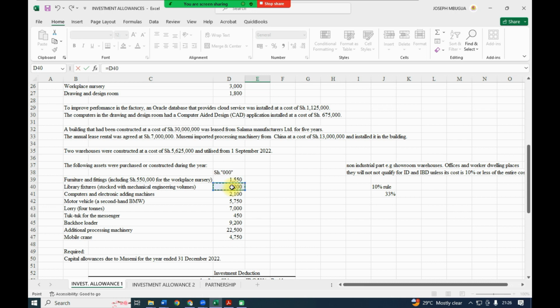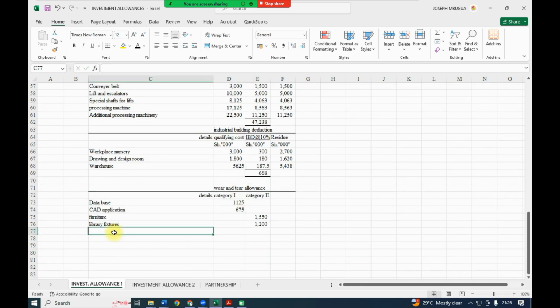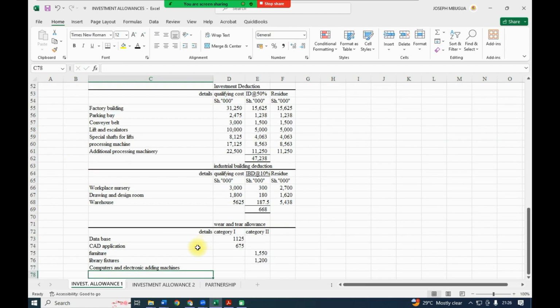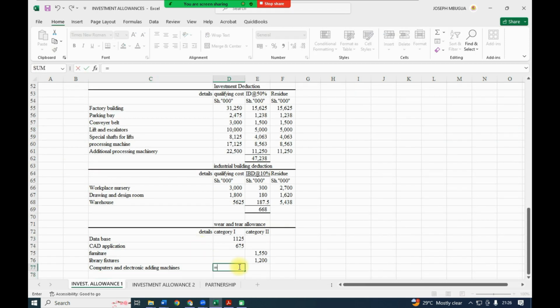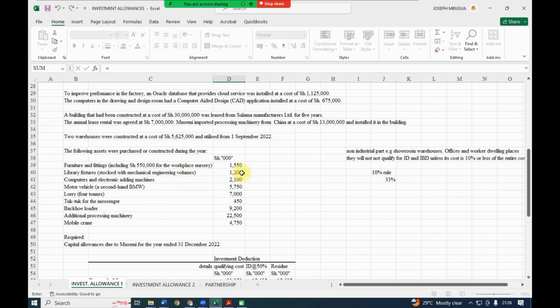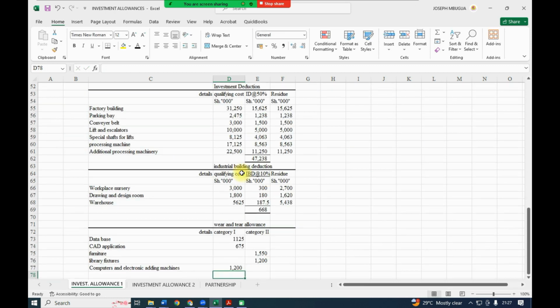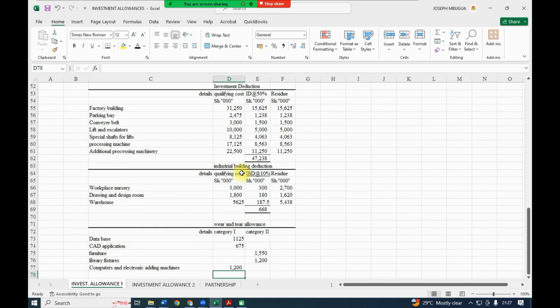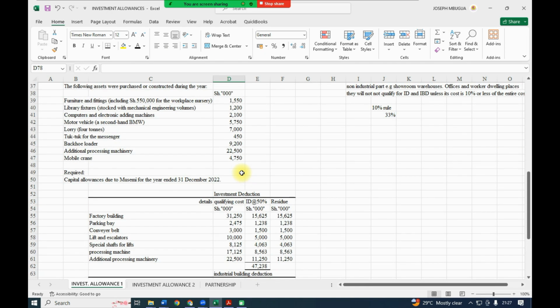Then we have computer and electronic, that is office equipment of electronic nature, like adding machines. It qualifies for category 1. I think I've picked the wrong value.